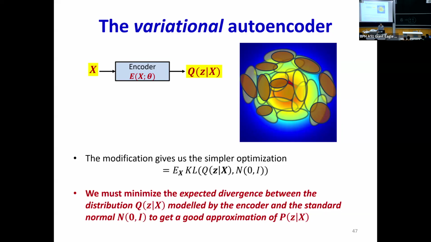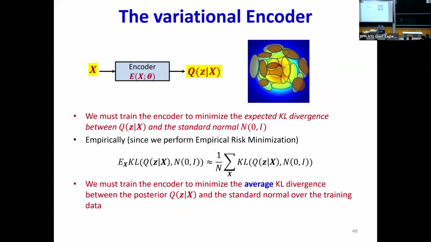And if we do this, you'll get a pretty good approximation of P of Z given X. Remember, Q was supposed to approximate P. So again, this is the expected KL divergence between Q of Z given X and the standard Gaussian. The empirical version of it is the average KL divergence between Q of Z given X and the standard Gaussian computed over the entire training data.